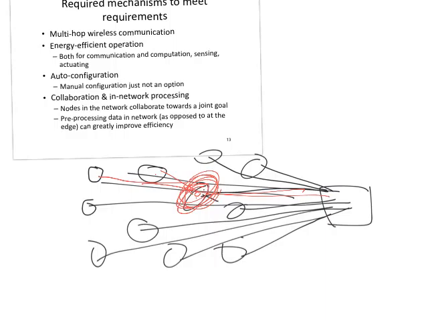Collaboration definitely applies there, not necessarily in-network processing, because we will talk about in-network processing again in detail later, and I will show you the different forms of in-network processing. This is not necessarily one of them. Even though they collaborate with each other, collaboration is one thing, and in-network processing is another thing.